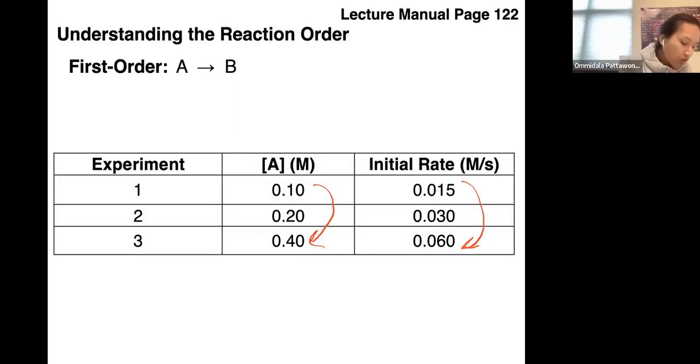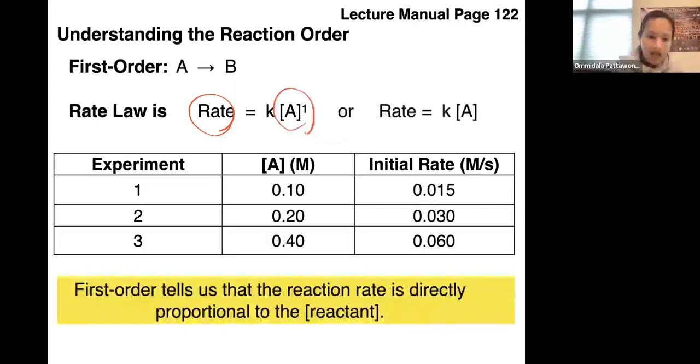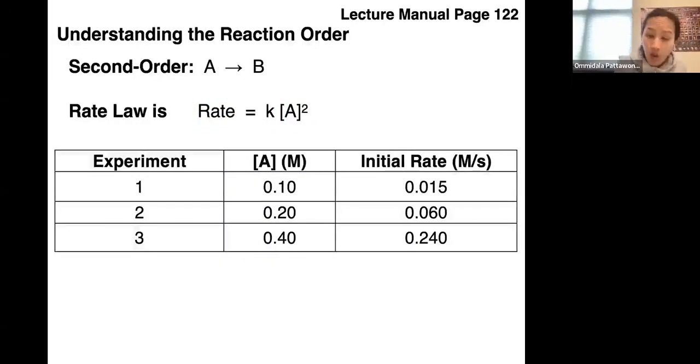So for a first order reaction, you are going to observe that the rate is directly proportional to the concentration. First order tells us that the reaction rate is directly proportional to the concentration of the reactant. Now, second order, you have not seen that yet, but I want to mention it. For second order, the rate is directly proportional to the square of the concentration of the reactant.